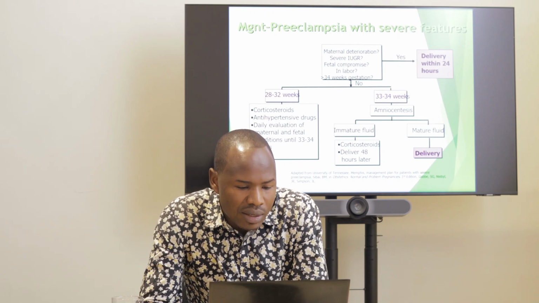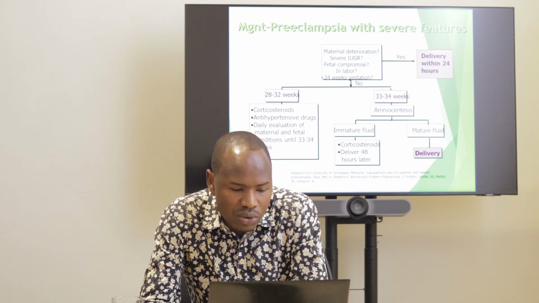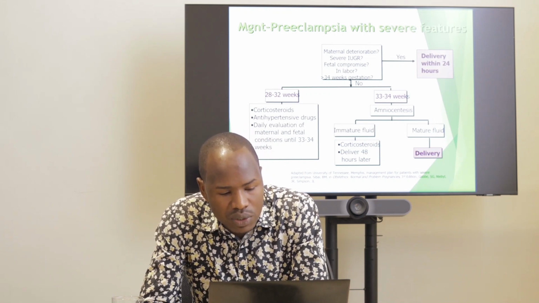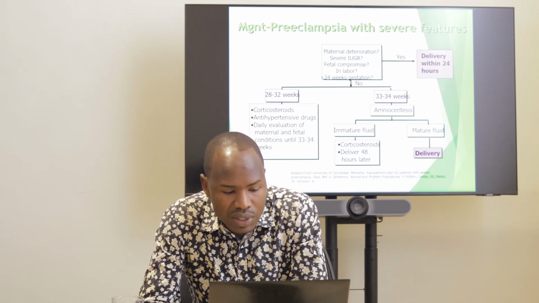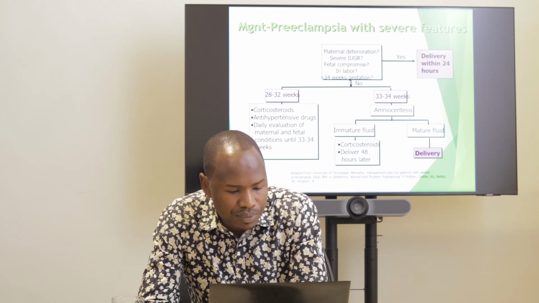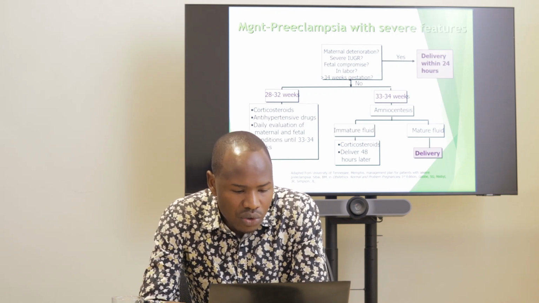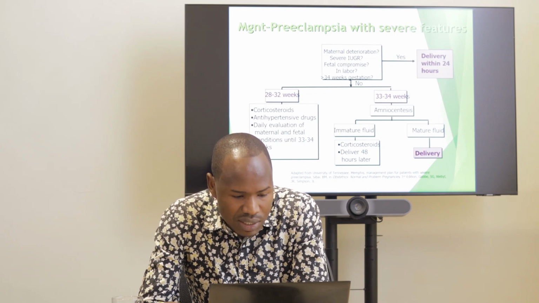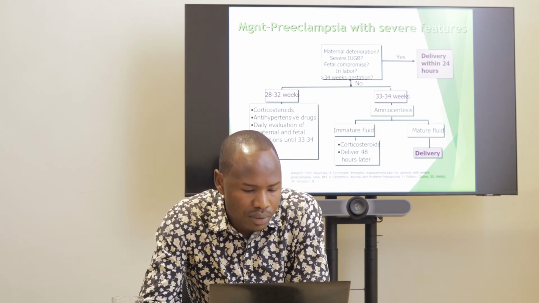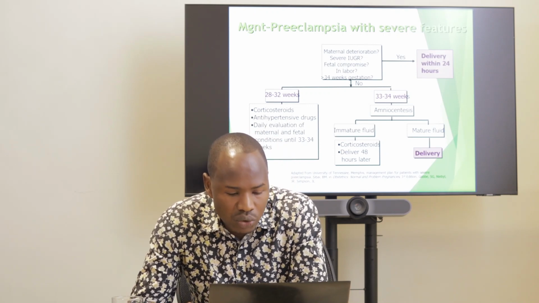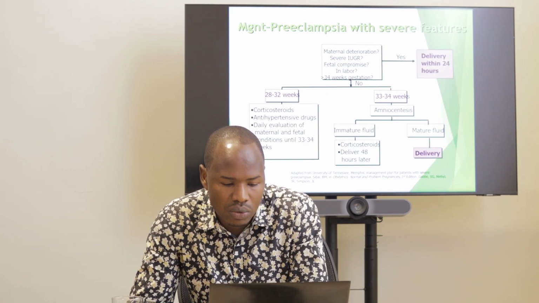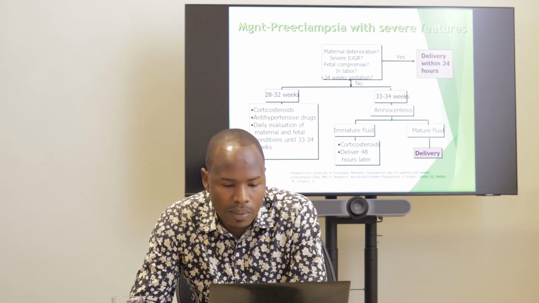and the mother has 28 to 34 weeks of gestation, you have to give corticosteroids. We use dexamethasone. In other countries, they use betamethasone. Also, we give antihypertensive drugs, and we evaluate daily the mother and fetal conditions until she reaches 34 weeks of gestation.